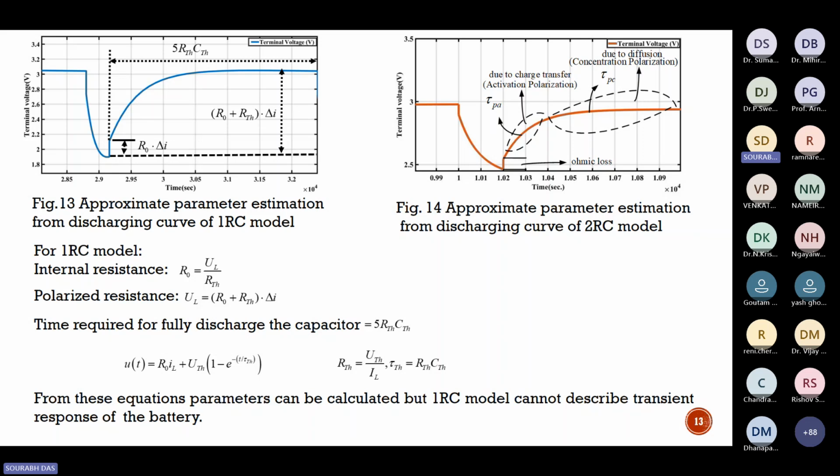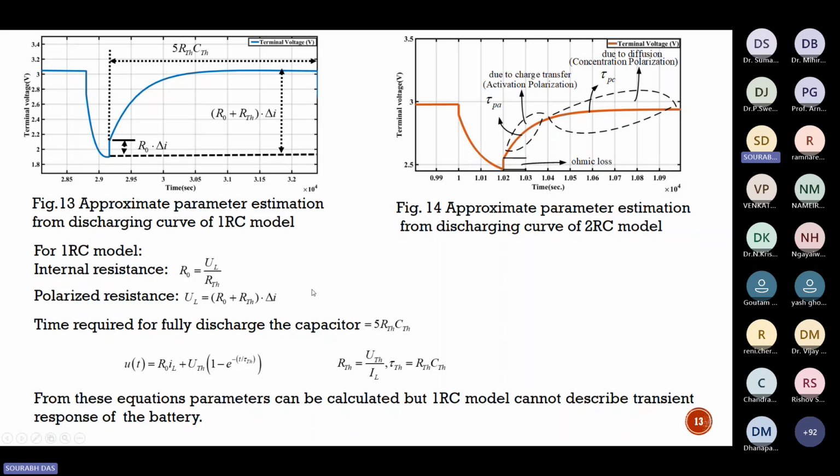Then activation polarization is due to the one RC parallel circuit, and concentration polarization is the other RC parallel circuit. So there are two time constants, and the lower time constant is due to that activation polarization, and the higher time constant is due to the concentration polarization.